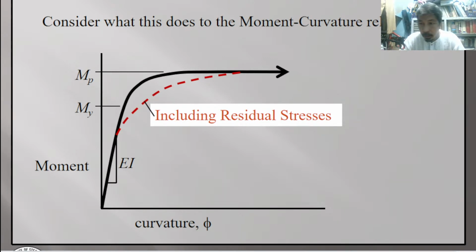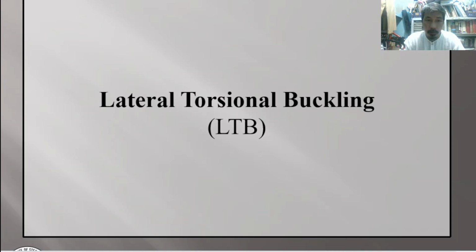Then there are no questions. Let's go to the next, the torsional buckling, or lateral torsional buckling, or LTB.